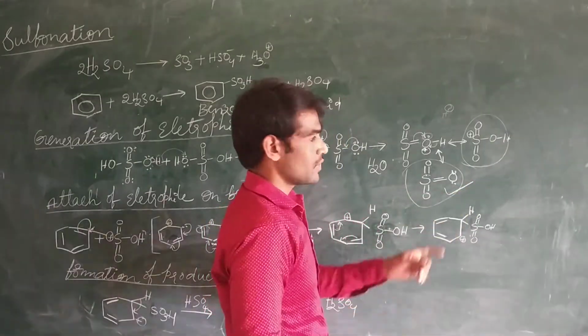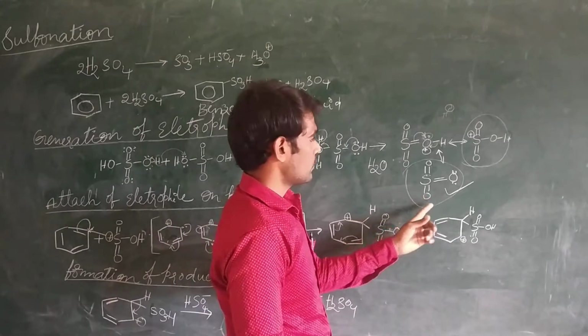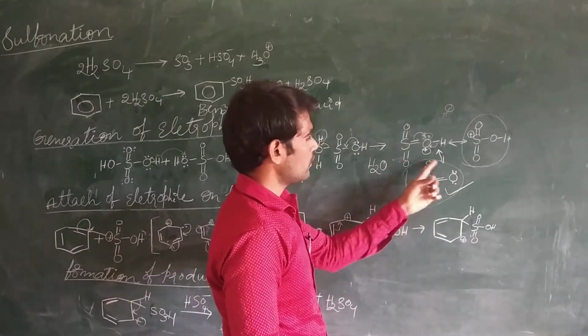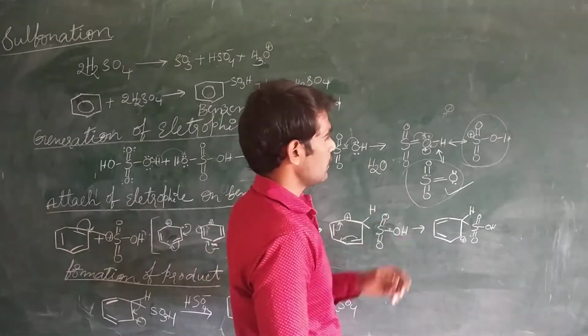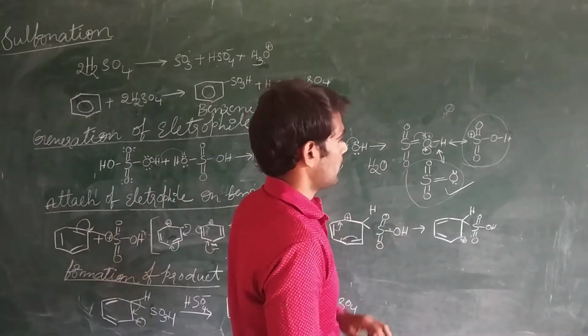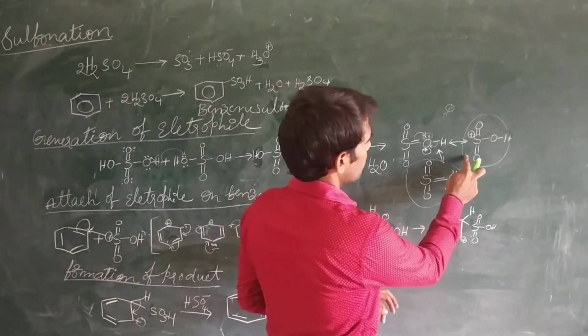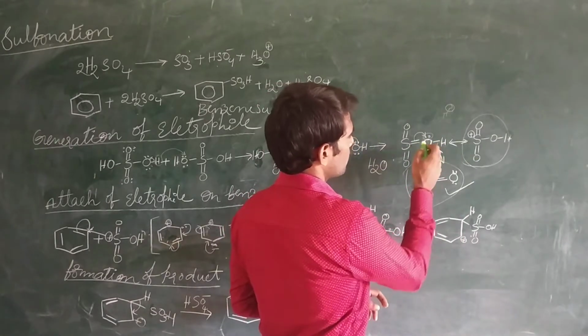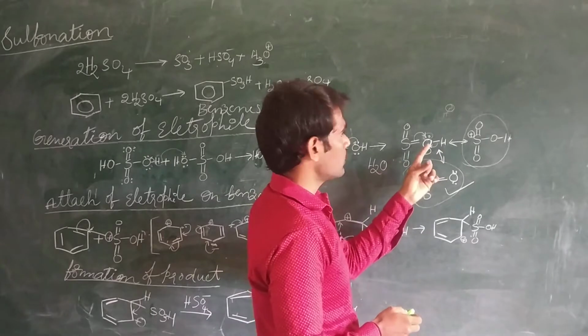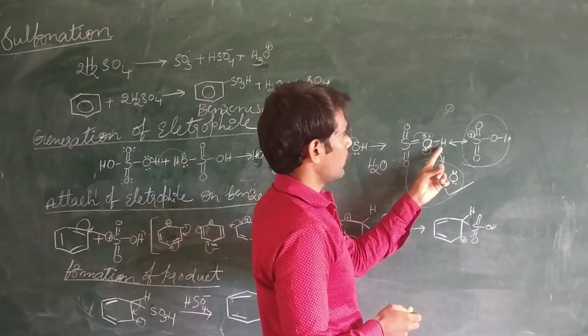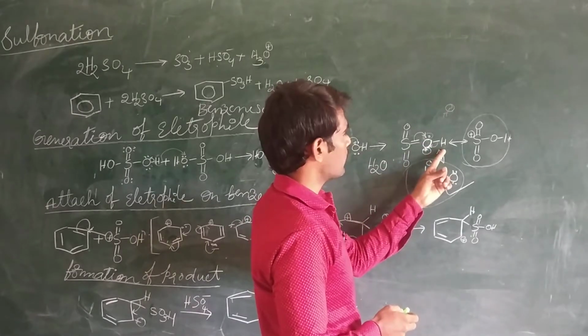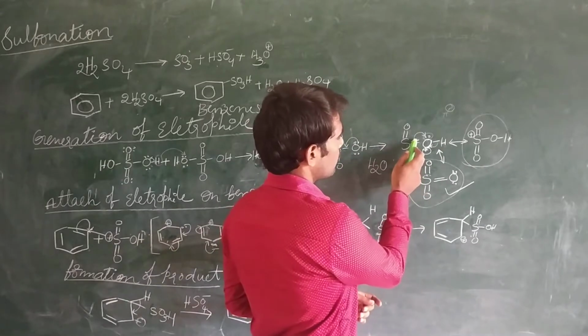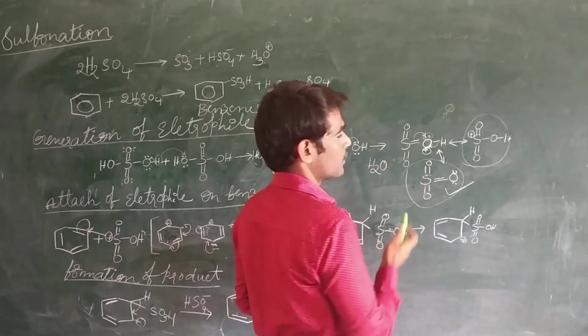Either it will produce SO3, a neutral molecule, or even though it is neutral, it acts as an electrophile. Otherwise, one more case: if oxygen does not like to withdraw electrons from the hydrogen atom, the electrons are again taken from the sulfur atom.